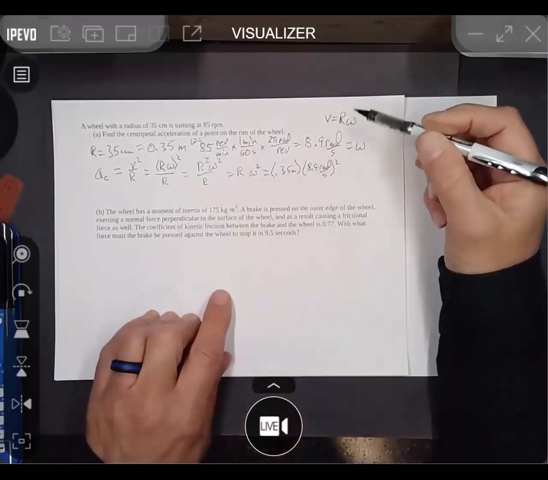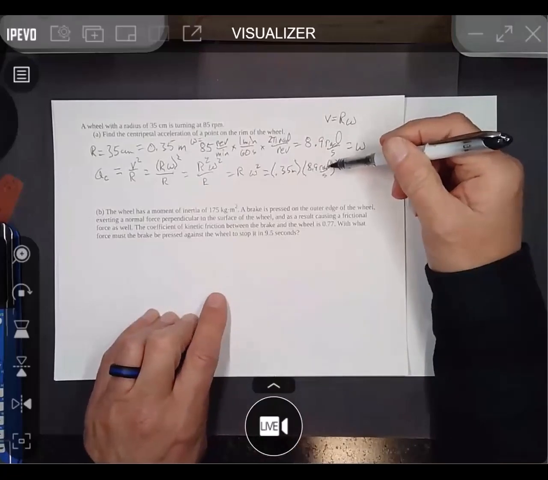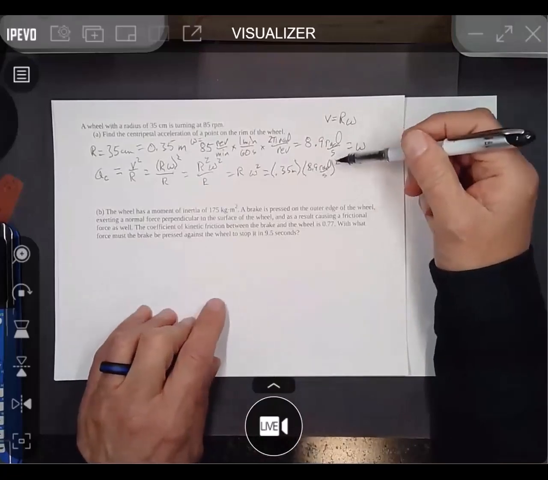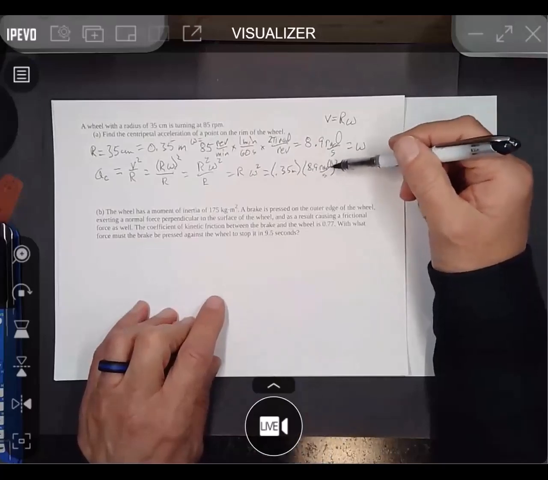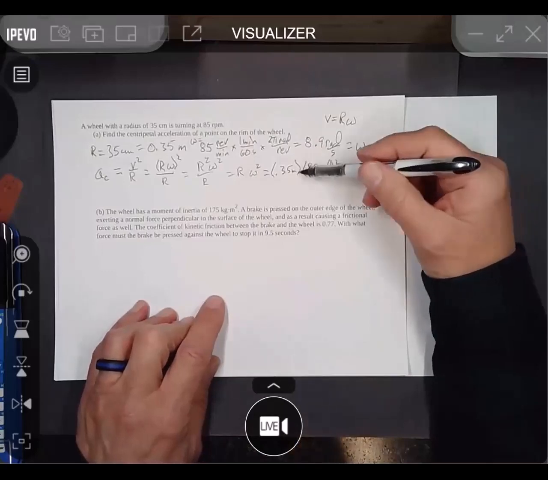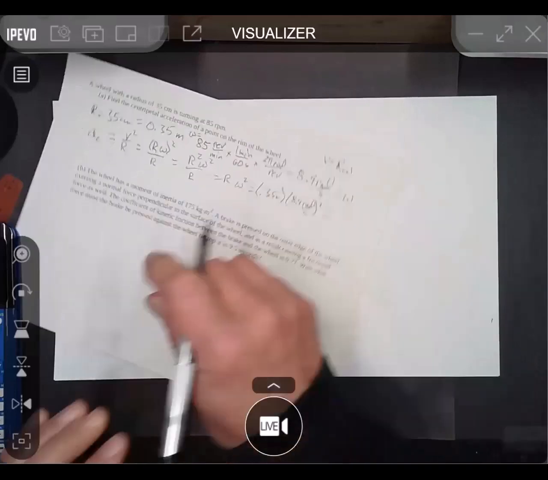And again, I've mentioned this before, a radian is just a placeholder unit, something to stick on top of the fraction. It doesn't actually have any physical dimensions. So we'll end up with radians squared per second squared times meters, but it ends up just being meters per second squared.